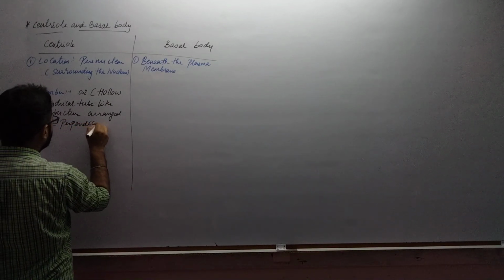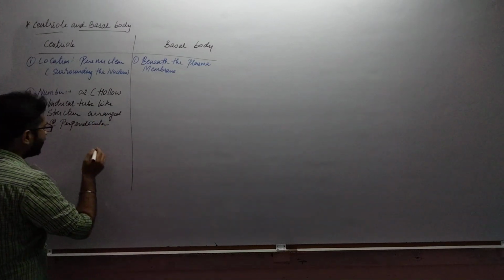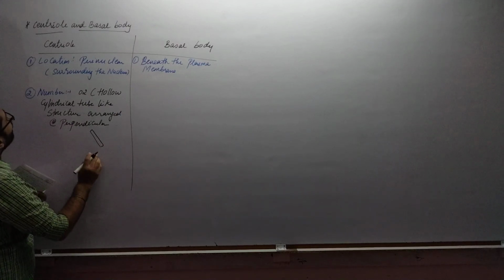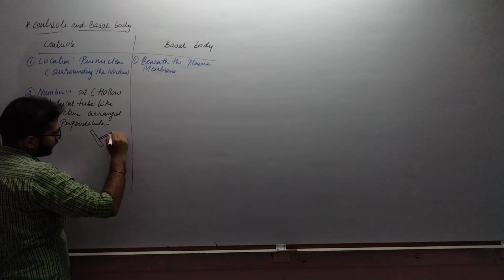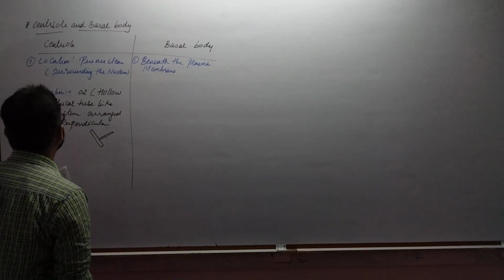For example, if this is one centriole, then the other centriole will be located like this, and surrounding these centrioles there are proteins, that is tubulin protein.